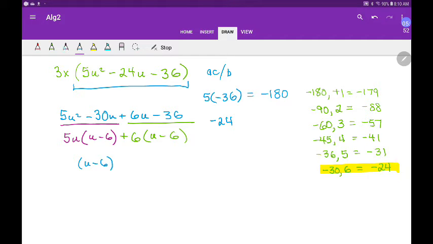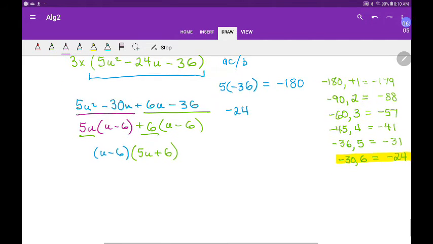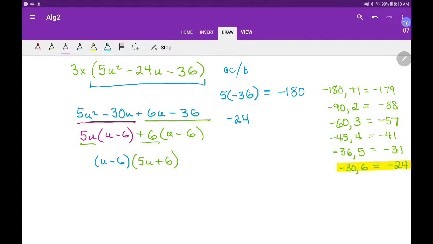And then I'll take the leftovers. What are the leftovers? Here we go, this one and this one. And I'll say 5u plus 6. Okay, now let me write this again, now that I have it down to this version. And I should check to make sure, FOIL that out, see if you get the same thing, and we do. So let's write it out the way it should be.